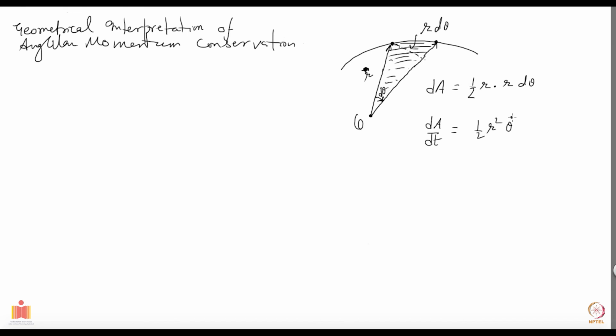I get half r square theta dot. So this quantity is the rate at which the radius vector sweeps the area.